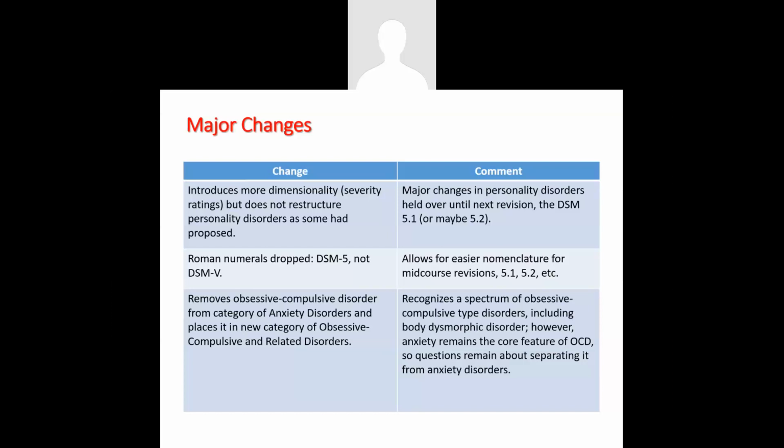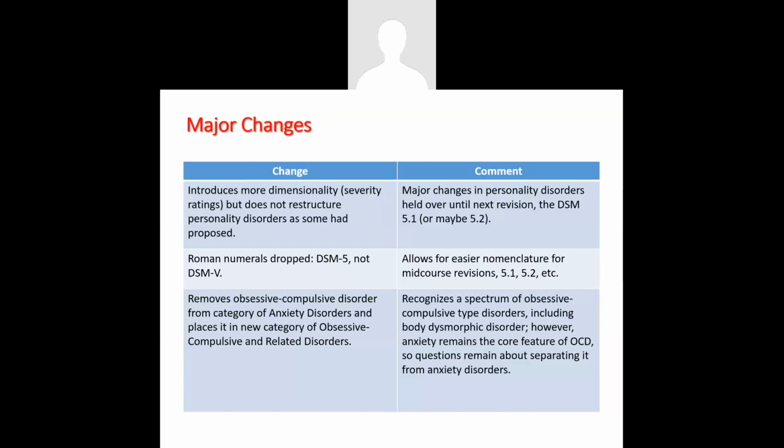The idea was that they could then have a 5.1, 5.2, and that when there were minor changes, they could simply put on the next 5.3, 5.4, whatever it was, instead of needing to have a full text revision. As we can see, because we are now in the DSM-5 TR, that system did not really happen. So nice idea, didn't really happen in real life.